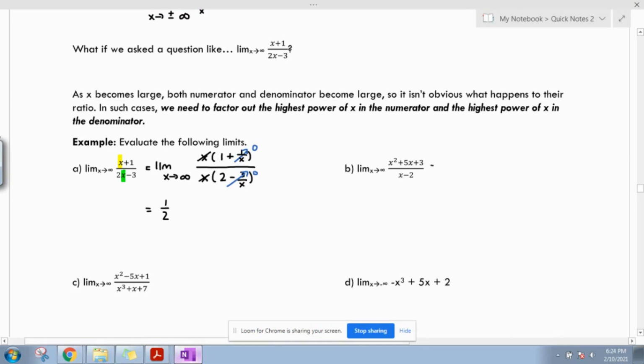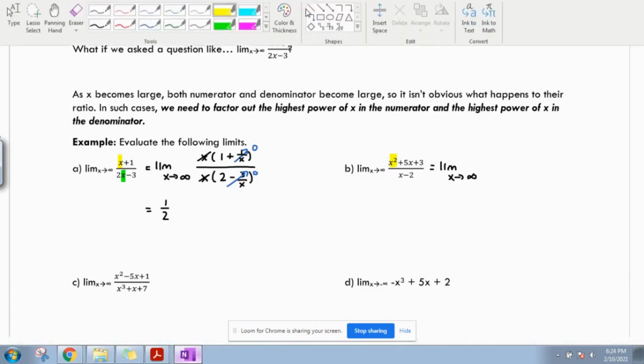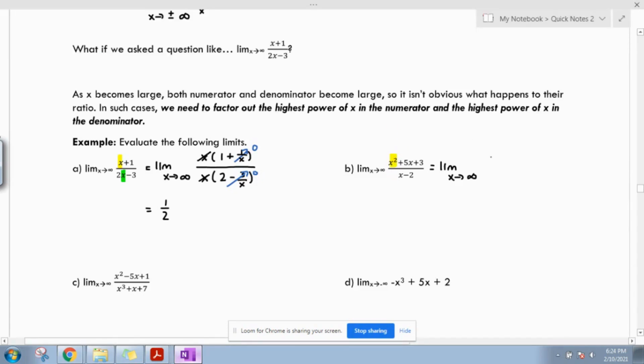So let's start off first by writing out our limit as x approaches positive infinity. And now in my numerator, I've got 3 terms, but I'm looking for the one with the highest power. In other words, the one with the highest exponent, which is x squared. So I'm going to factor out x squared from my numerator, and that's going to leave me with 1 plus 5 over x plus 3 over x squared.